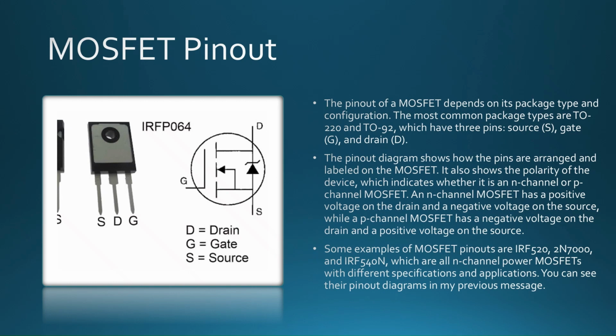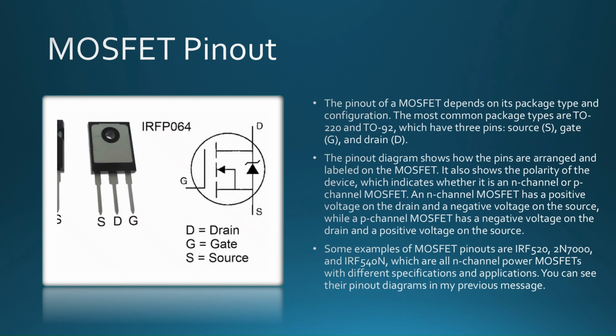The most common package types are TO220 and TO92, which have 3 pins: source, S, gate, G, and drain, D. The pinout diagram shows how the pins are arranged and labeled on the MOSFET. It also shows the polarity of the device, which indicates whether it is an N-channel or P-channel MOSFET.